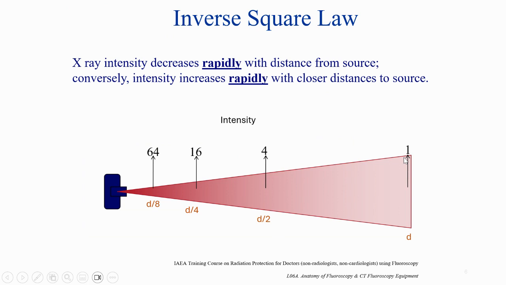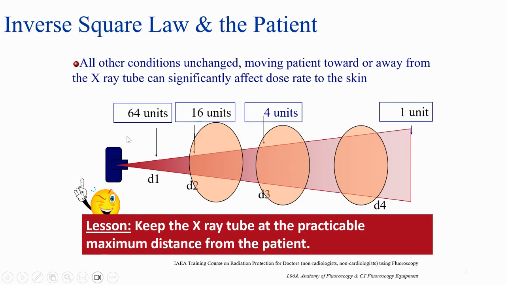A similar situation applies in fluoroscopy. X-ray intensity decreases rapidly with distance from the source. Conversely, intensity increases rapidly with closer distance to the source. As you can see here, if you have an X-ray tube and our patient at a certain distance D1, the radiation exposure here is 64 units.